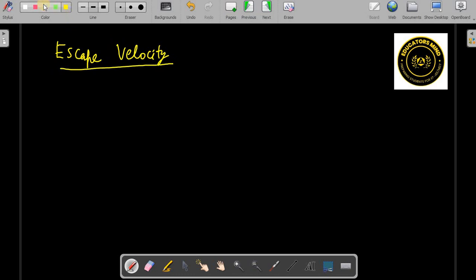If you remember, we discussed in the last class that from the surface of Earth, a particle of mass m is projected with escape velocity. This is the Earth's mass, and then it can escape the gravity into outer space.